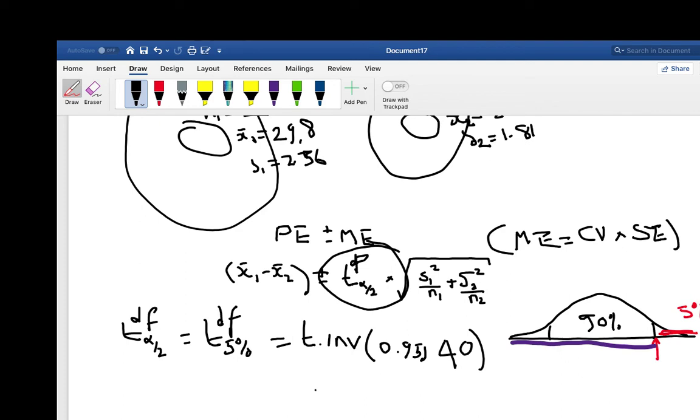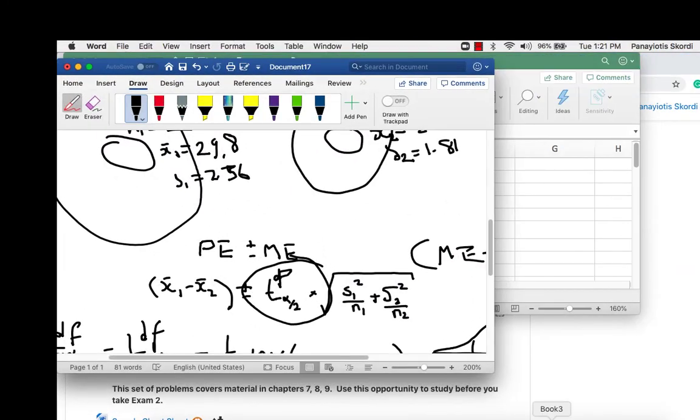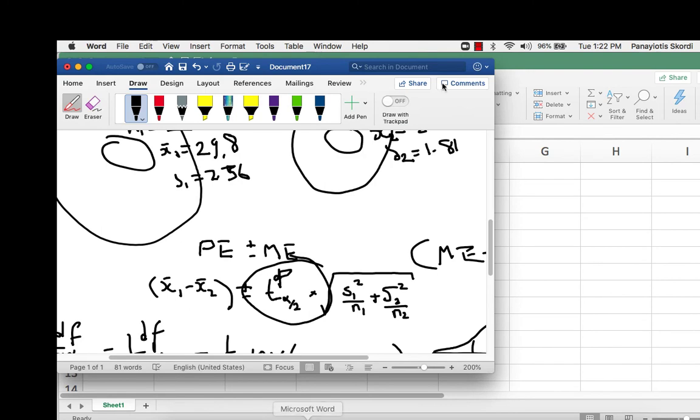Let's go over to Excel again, to a blank spreadsheet, and we're going to use equals T.INV of 0.95, comma 40, and we get a value of 1.684, or 1.68, it's up to you.